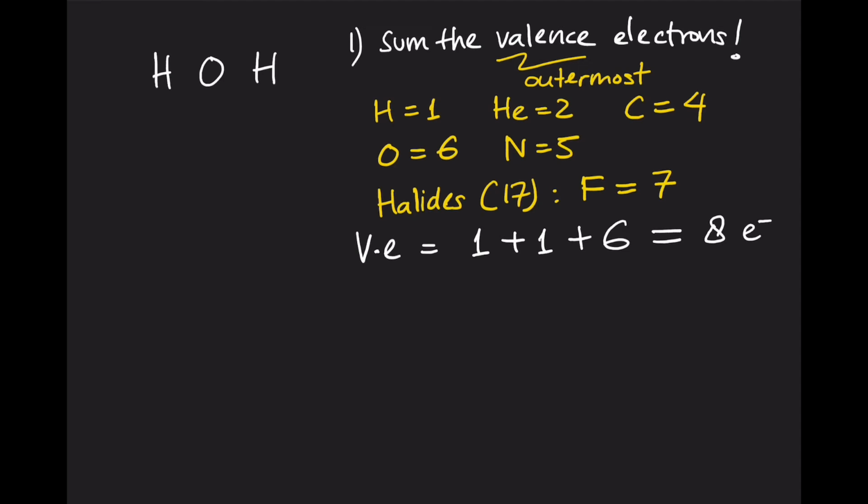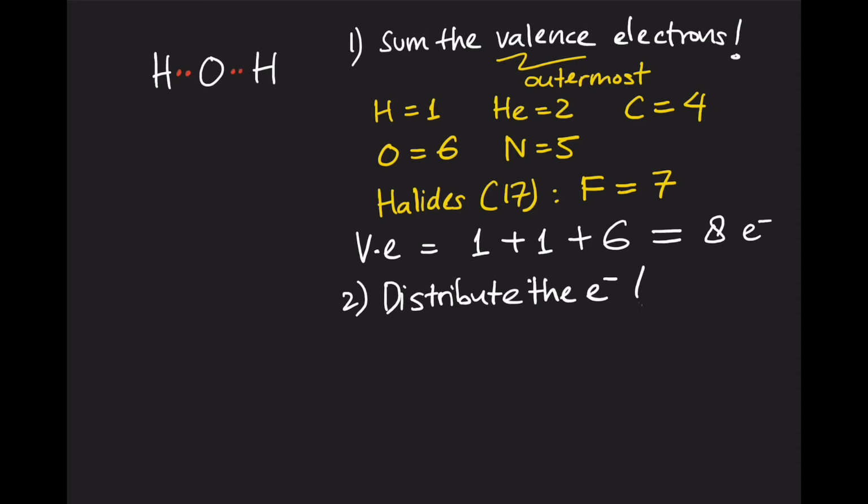Now we have to distribute the electrons throughout the structure. And how do we do this? The easiest way to do it, first up, is to draw 2 electrons between 2 atoms. So here, let's write it down this way.